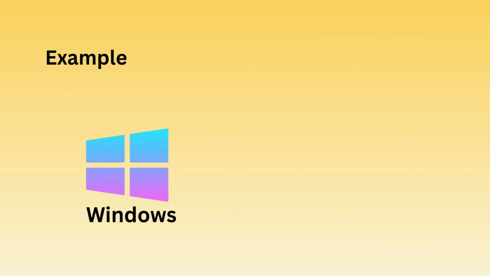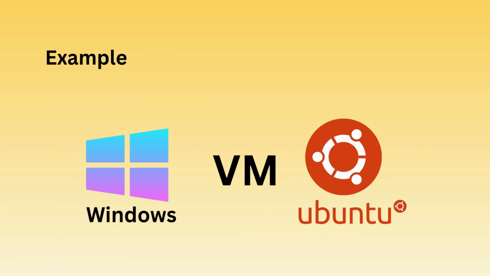Let's take an example. Imagine you have a laptop running Windows 11. You can install a Type 2 hypervisor like VirtualBox or VMware Workstation. Inside that, you can create a virtual machine and install Ubuntu Linux on it.